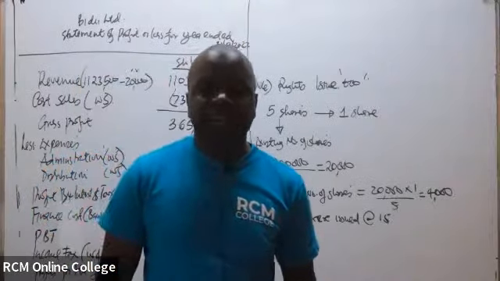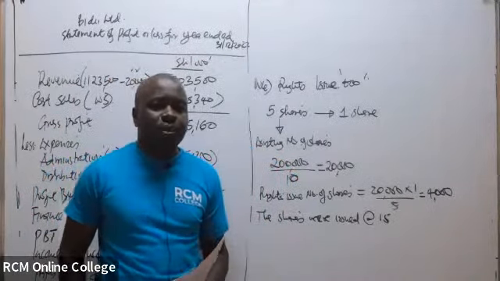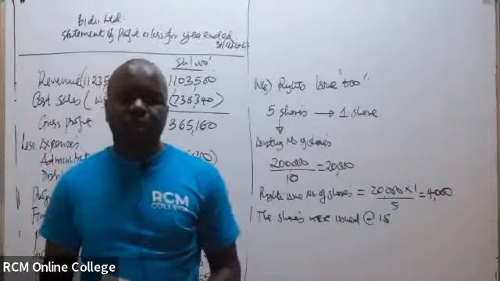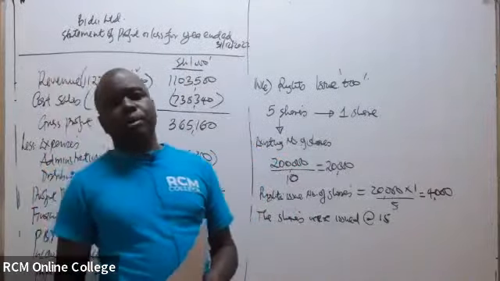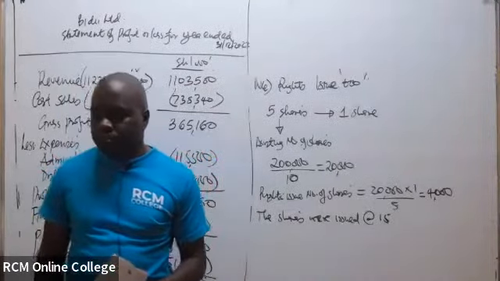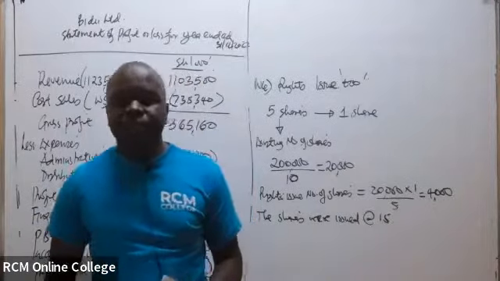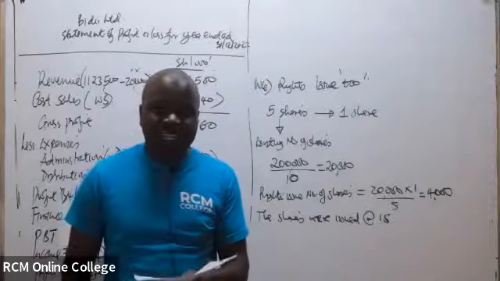So the par value was 10, but they issued them at 15 shillings. So our premium amount will be 5 shillings per share. That's what you need to take note of.